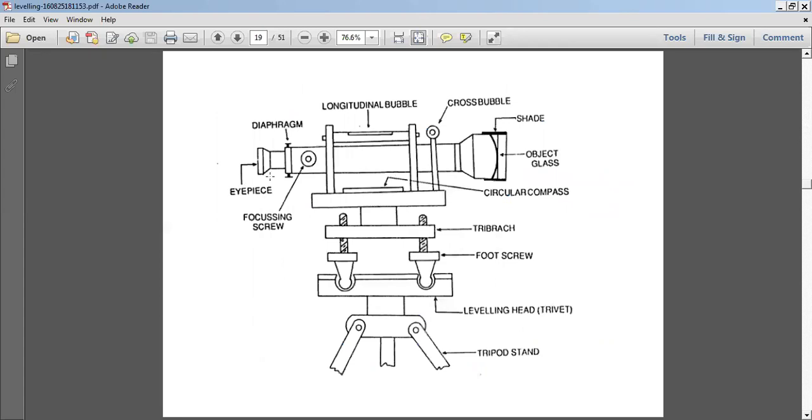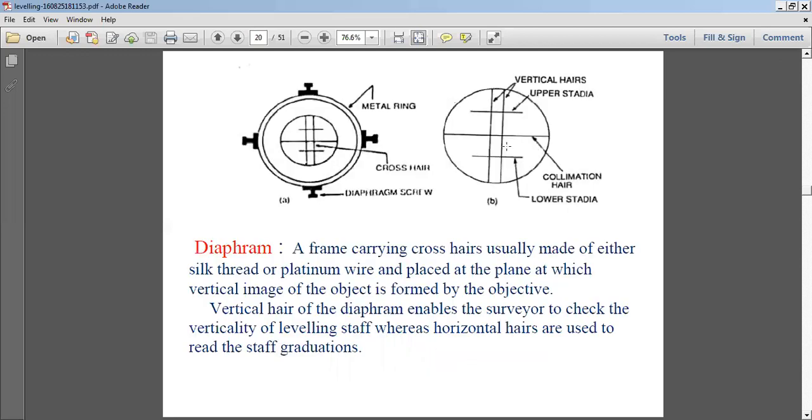Here you can see first is the eyepiece and second is the object glass, that is object piece. And here you can see the collimation. This central line is known as the line of collimation. With respect to this line, we take the readings which are horizontal in nature. It makes the imaginary line from where we are taking the readings in different instruments.